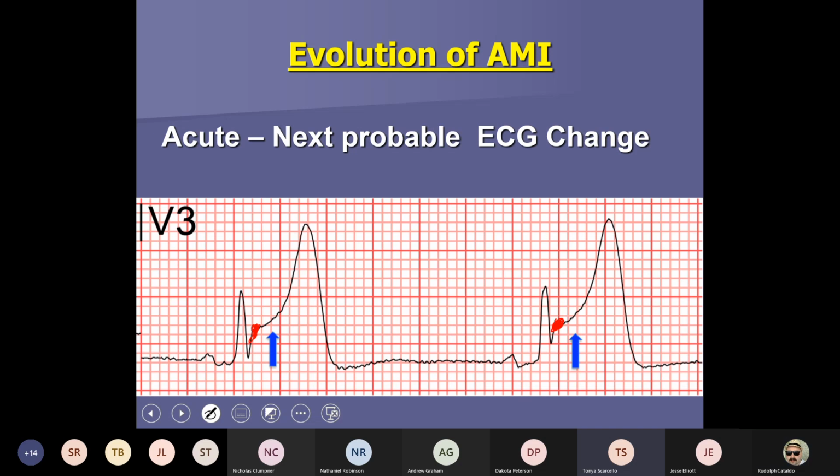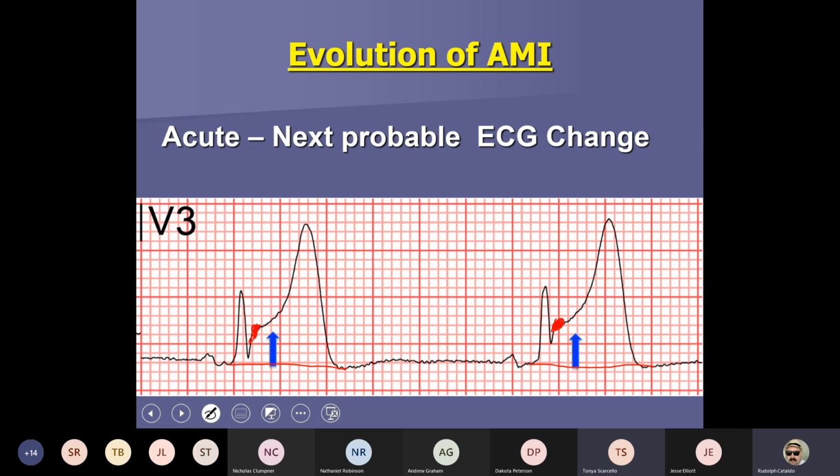So if I had to say that's over baseline, how many millimeters of elevation is that over baseline, would you say roughly? Four. Yeah, I'd say 4 millimeters of elevation over baseline.